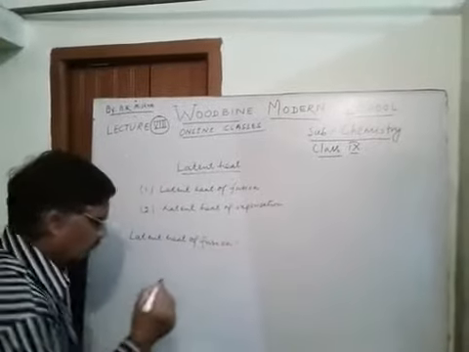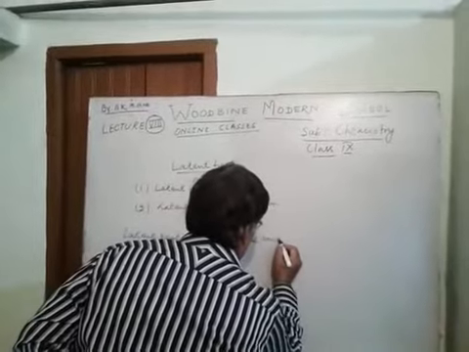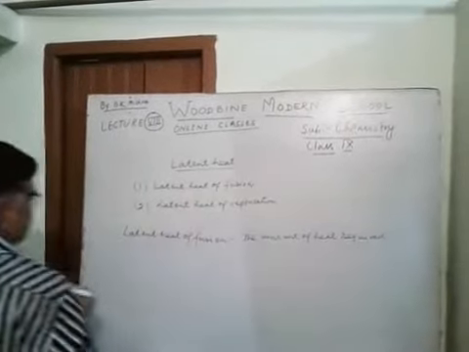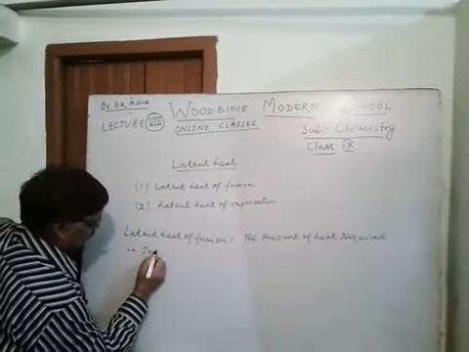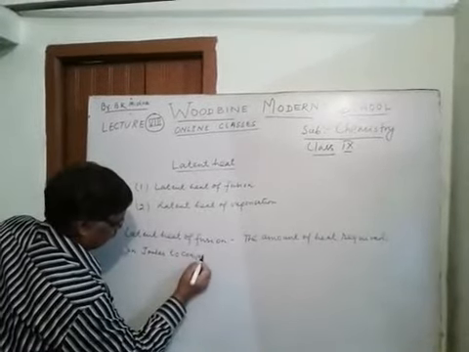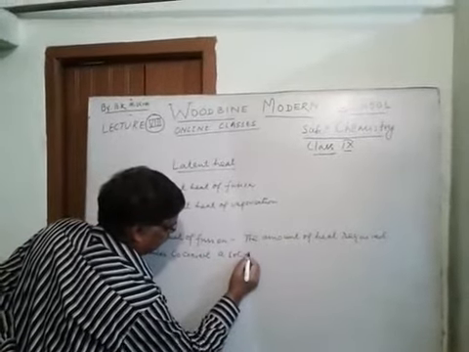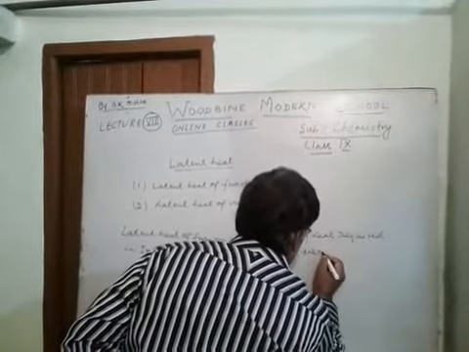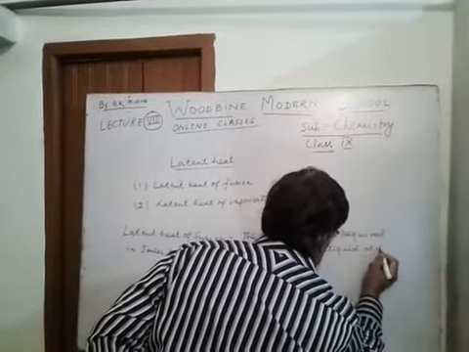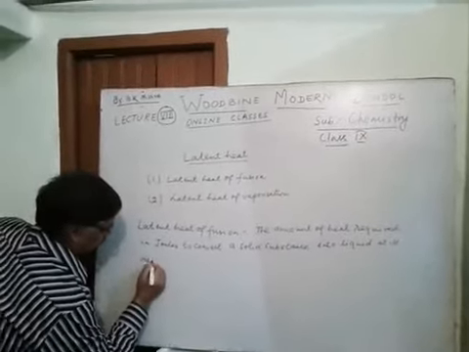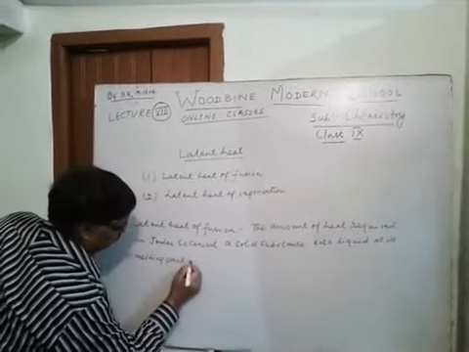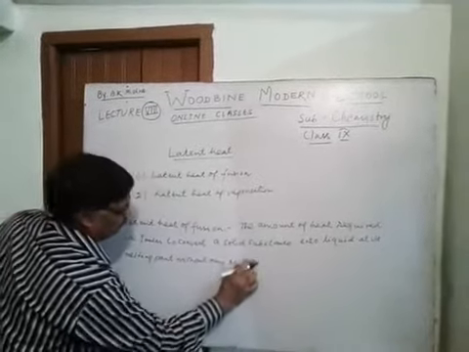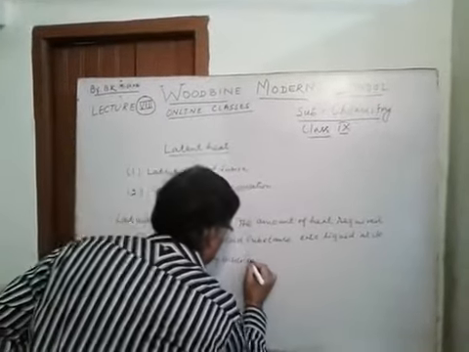The amount of heat required in joules to convert a solid substance into liquid at its melting point without any rise in temperature.